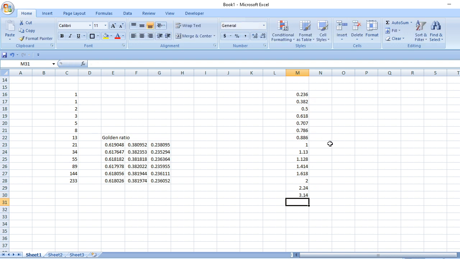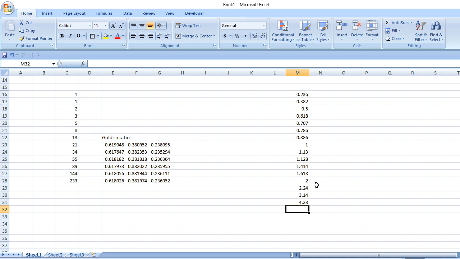What is the reciprocal of 1.3? Why I forgot this value. Equal to 1 by 0.236, somewhere around 4.23, right? 4.23. All these ratios are Fibonacci ratios.